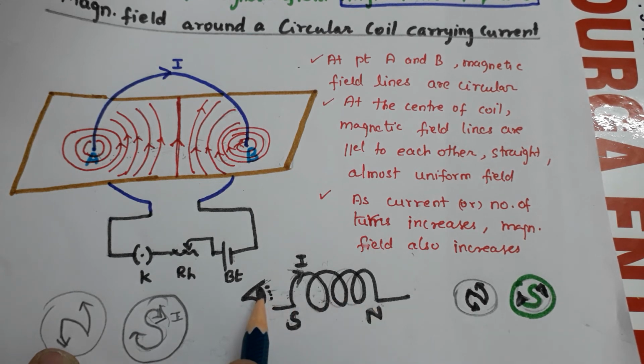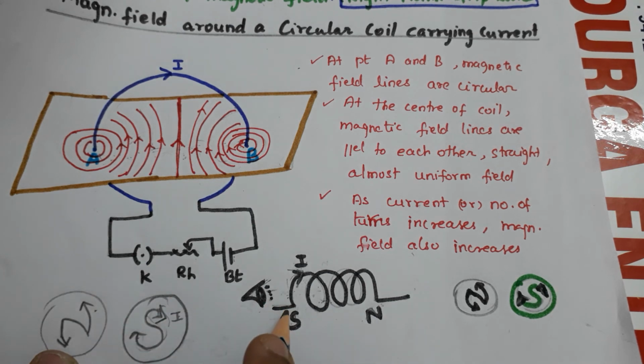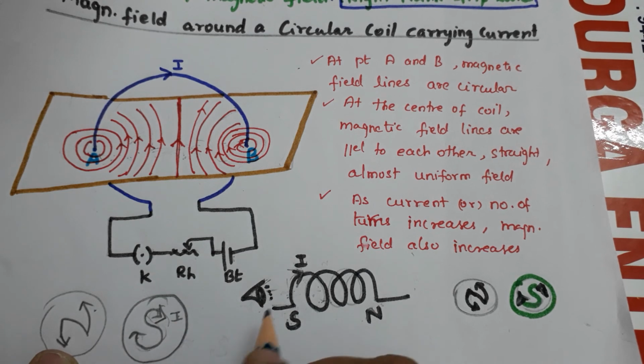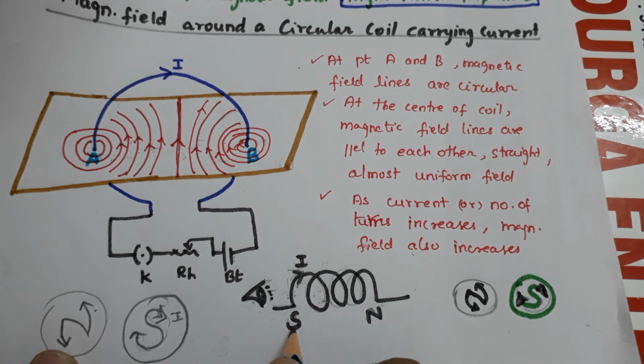In the other case, if you look from this end and the current is flowing in the anti-clockwise direction, that end will be the north pole, right? So if you look from this end and the current is flowing in the clockwise direction, that end must be the south pole, and the farther end will be the north pole.